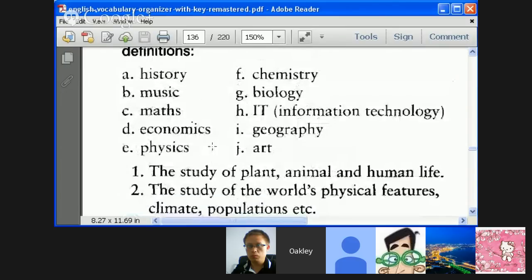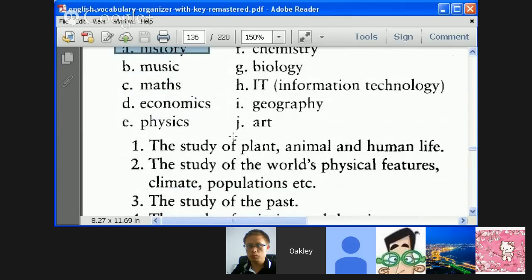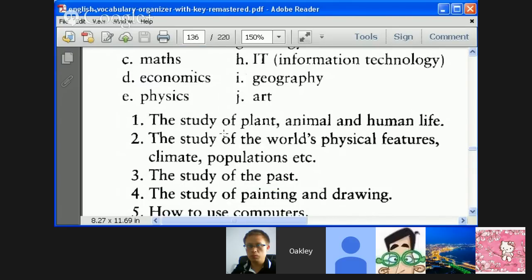Lower salary, what do you mean? Compared with math teachers, for example, as a history teacher, your salary is lower than other subjects. Really? Yes.